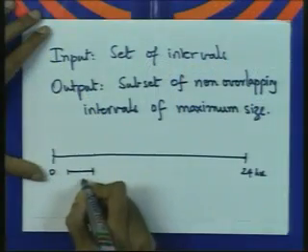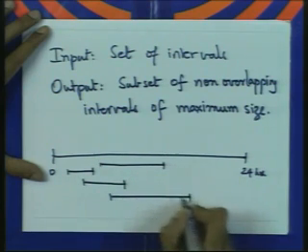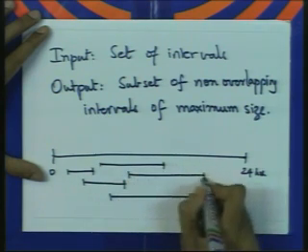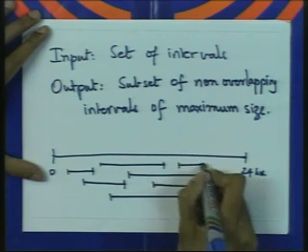So let's see what this looks like. Let's say this is 0 to 24 hours. So the input looks like this: here is an interval. People give you various intervals. Some of them could overlap in all kinds of funny ways.